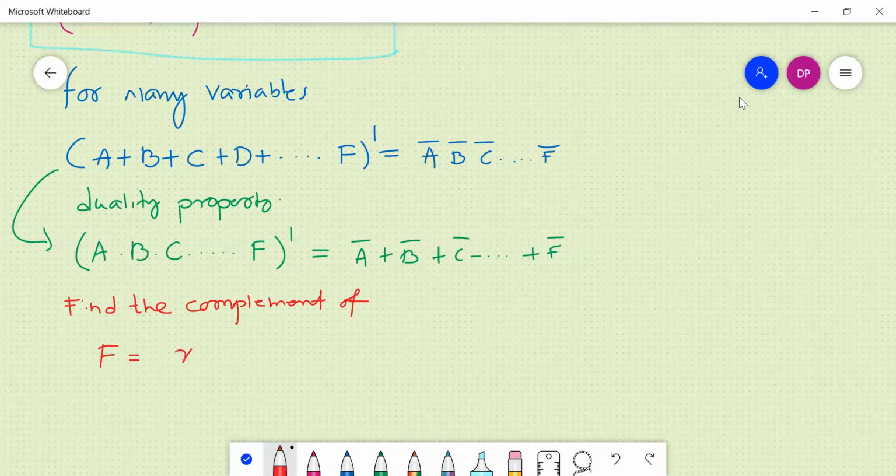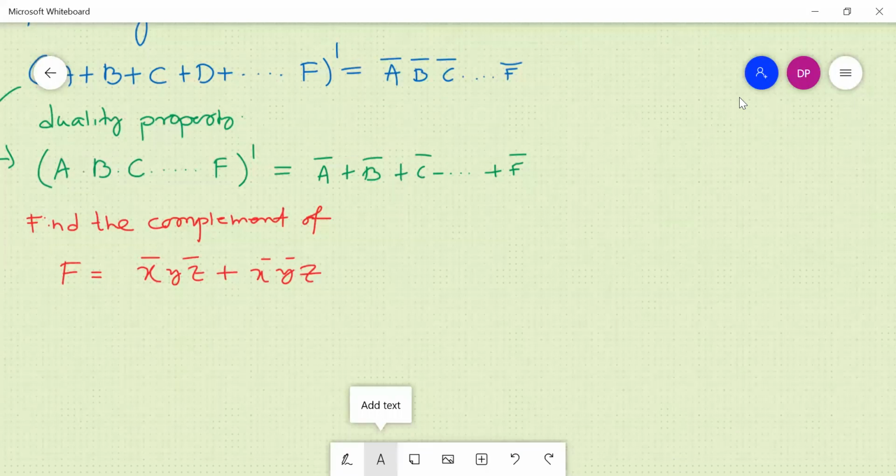It's given x bar y z bar plus x bar y bar z. How to find complement of this function? I would like to find out complement of the function. So how we will do?